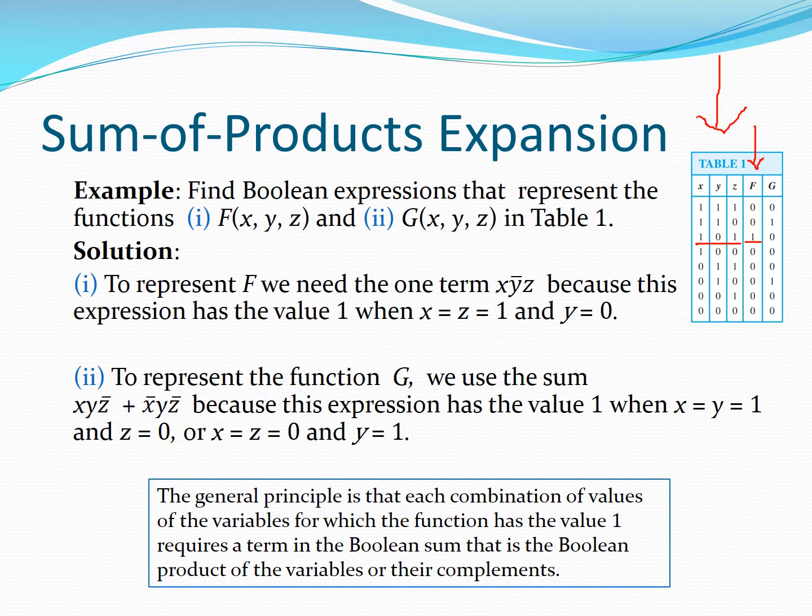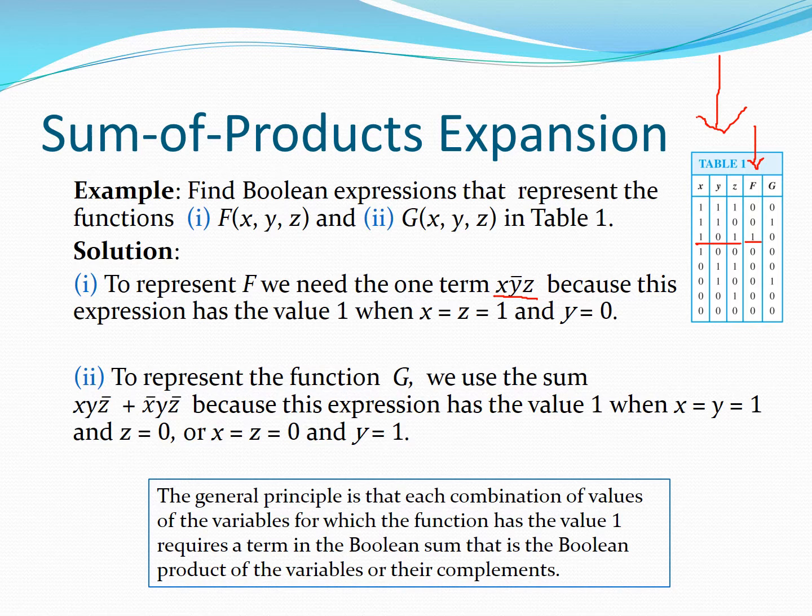If you see a 1 under x, the term is going to come down as x. But here, since there is a 0 under y, it's going to be represented as y bar. Since there is a 1 under z, it's going to be represented as z. So the term that we have is x y bar z, in order to represent the sum of products expansion of the function f.